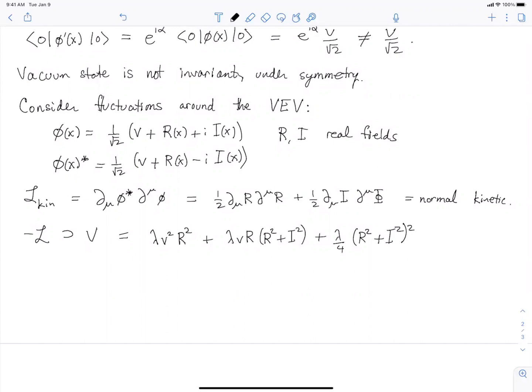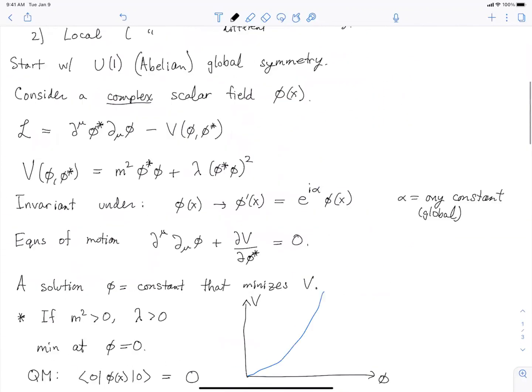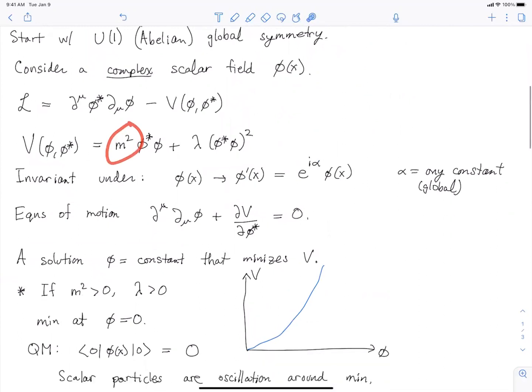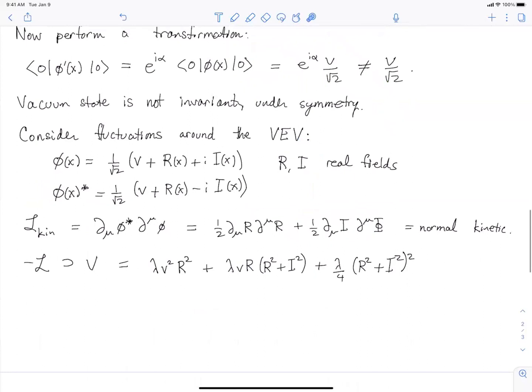The original Lagrangian, if we go back up here somewhere, had an m squared, but I've replaced that m squared using this equation to write everything in terms of v and lambda. Okay, so that's what's been done here to simplify this.